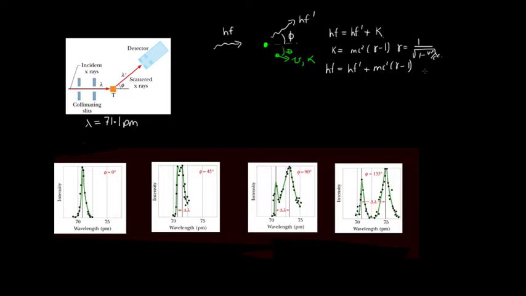Using c = fλ, if we divide through by f = c/λ and cancel a c from every term, we can write this as h/λ = h/λ' + mc(γ - 1). One of the c's cancelled because we had c's in these terms as well. Okay, so that's our first equation, which we get from energy conservation.